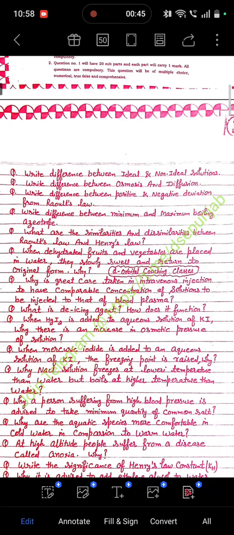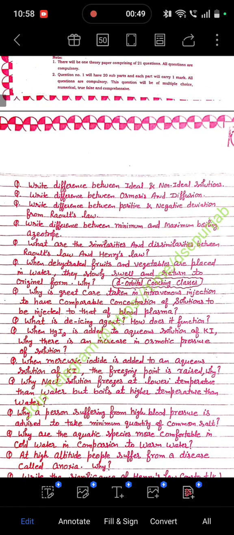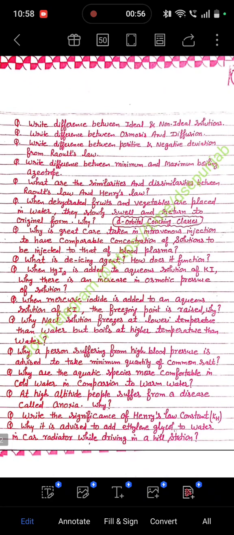So here are some important theory questions from the first chapter. The most important and most repetitive questions are: ideal and non-ideal solution, osmosis and diffusion, and questions from Henry's law.